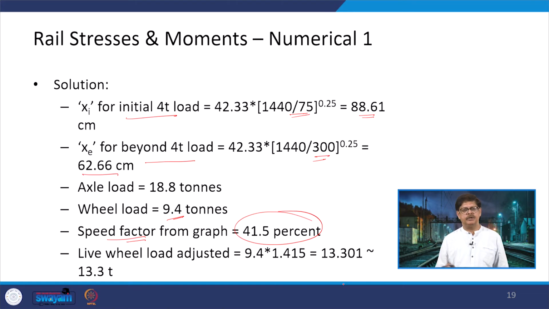So, it means whatever the wheel load is here, 9.4 tons, it is going to be augmented. That is what the speed factor is. So, it is multiplied with a factor of 1.415, or an increase of 41.5%, and that gives a value of 13.301, or let us take it as 13.3 tons. So, this is the live wheel load adjusted value which we have now.